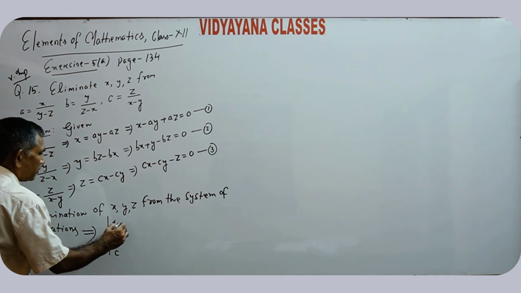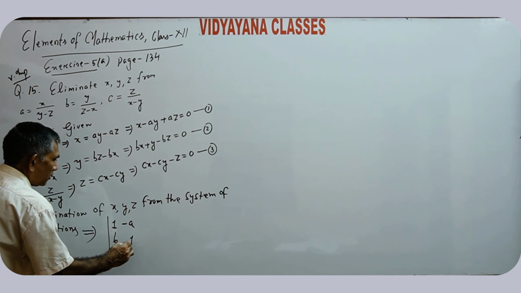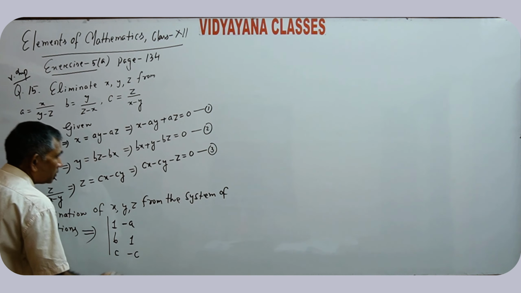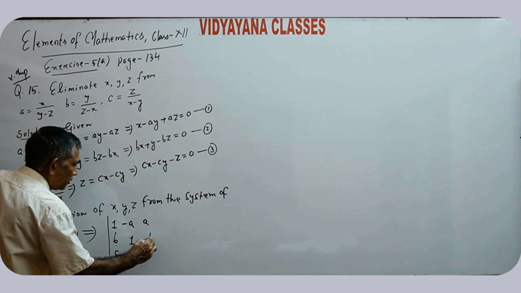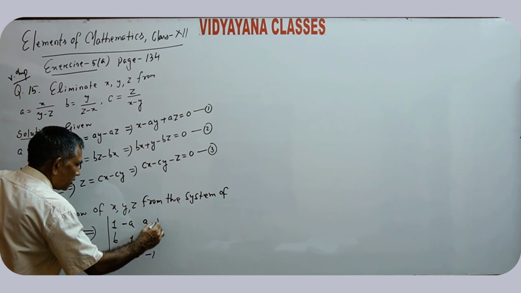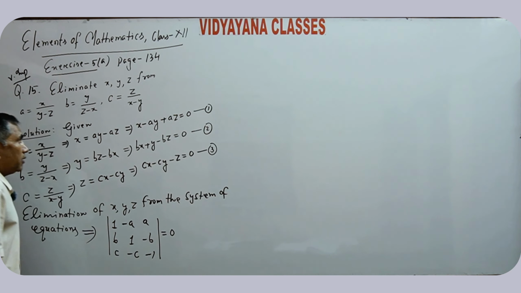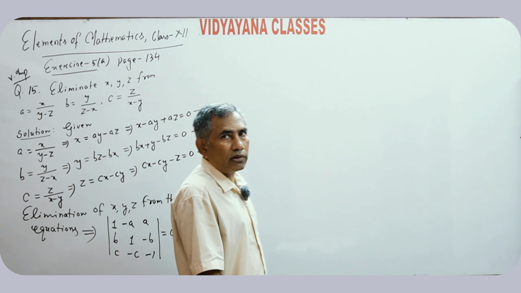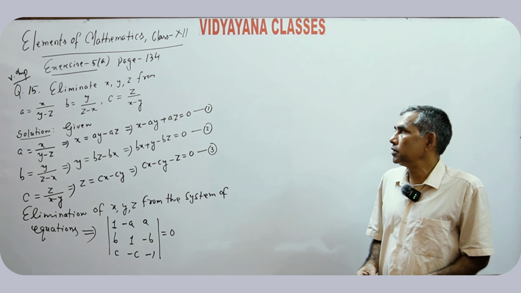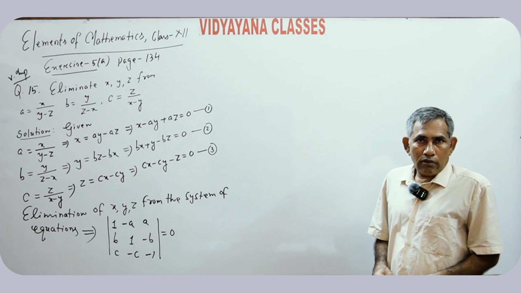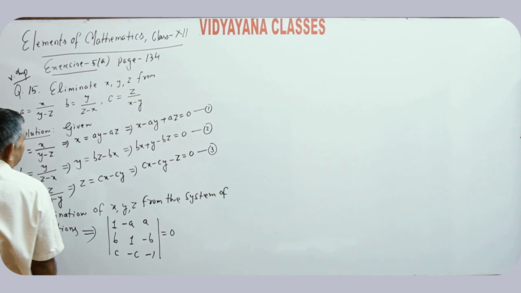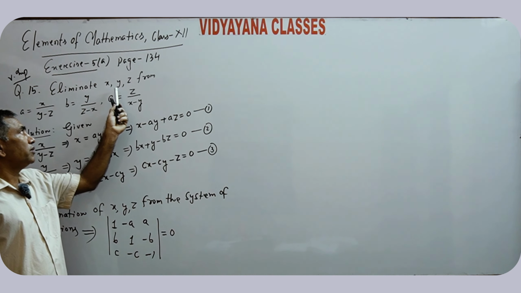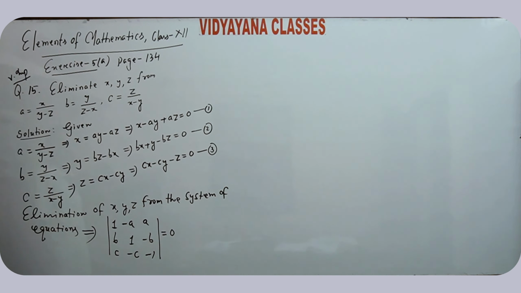Coefficient of y minus a, 1 and minus c. Coefficient of z a, minus b, minus 1 is equal to 0. Elimination of xyz from the system of equations means the system of equation has a non-trivial solution or non-zero solution. Elimination of xyz also implies at least one of x, y and z is non-zero. That means determinant of the coefficients vanishes.